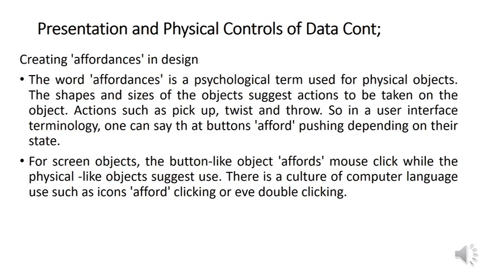So, in user interface terminology, one can say that buttons afford pushing depending on their state. For screen objects, the button-like object affords mouse click, while the physical-like object suggests use. There's a culture of computer language use, such as icons affording clicking or even double clicking.